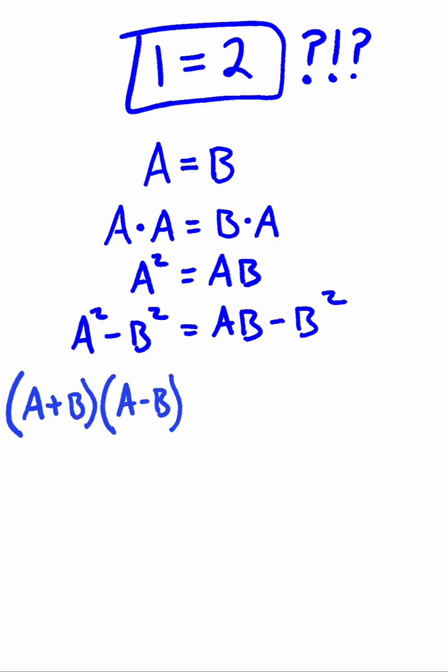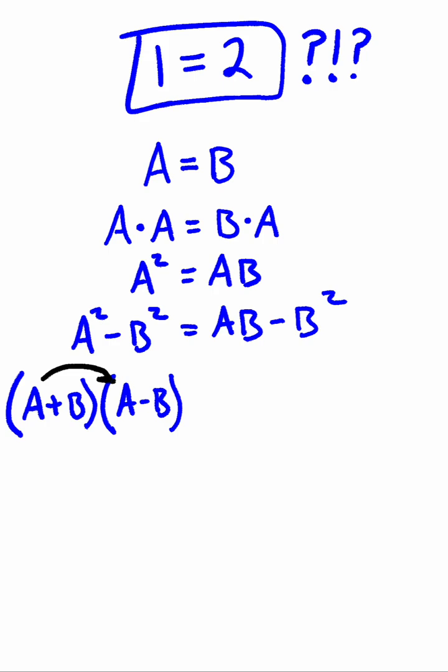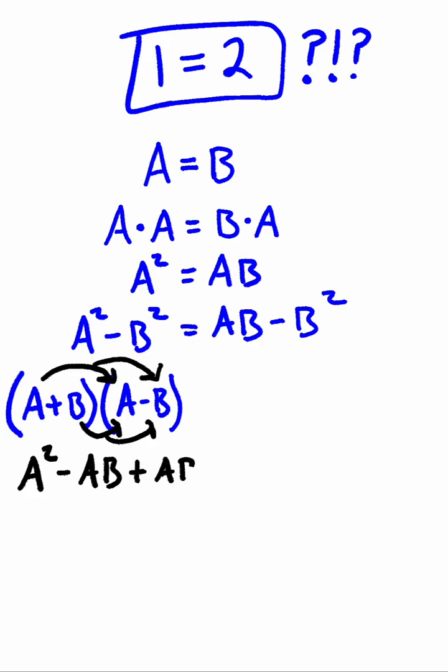And you might think, Addison, this is where you're going crazy and breaking the rules of math. Well, let's take a look. If I simply distribute the A here to undo what I did, I would get A times A, which is A squared, and then I would get A times negative B, which is minus AB. Then if I distribute the B, I get B times A, which is positive AB, and then I get minus B squared.